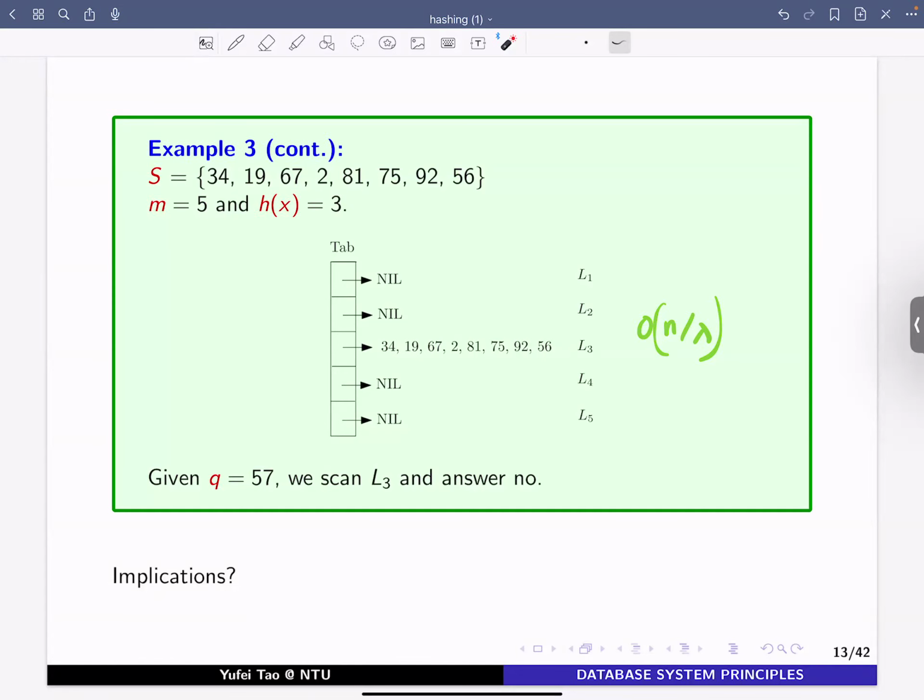But the takeaway message is that you should not be using just a single function, because no matter which function you use, however creative you believe you have been in designing the function, in the worst case, you will always suffer from the same issue as the stupid function you are seeing on screen right now. And the issue is you will be putting all the elements into the same bucket so that the hashing achieves no purpose at all.